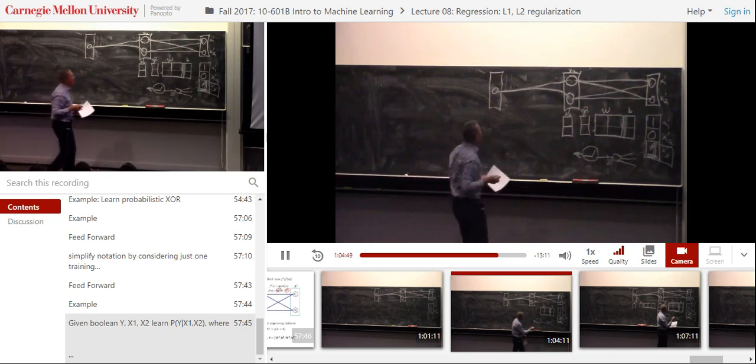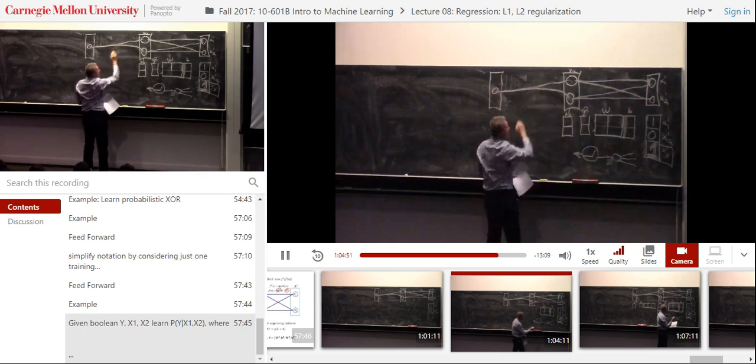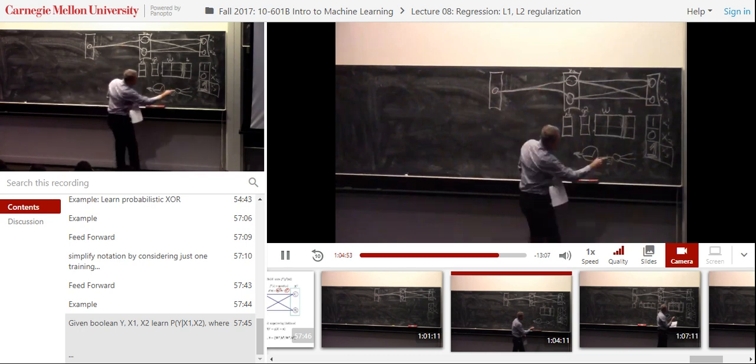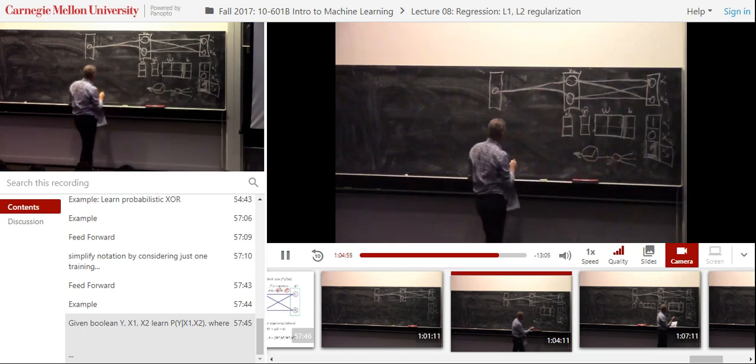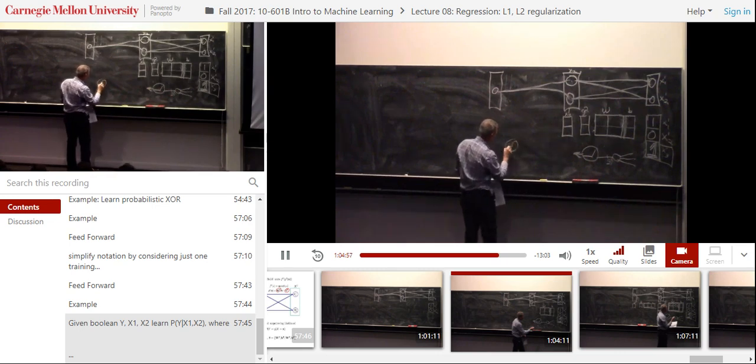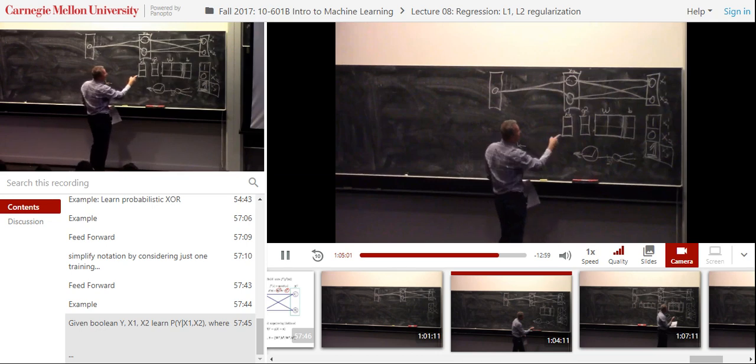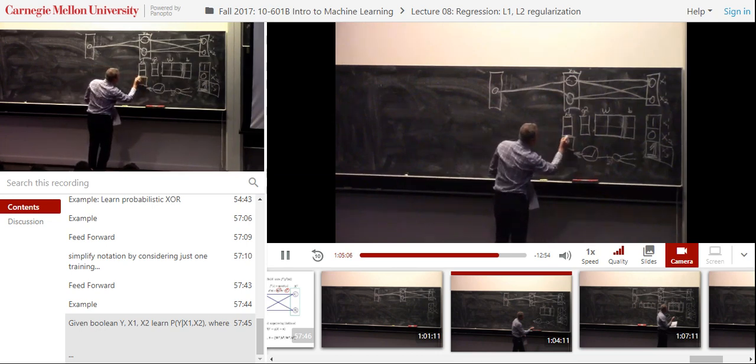Okay, and now similarly here, what does the sigmoid unit look like? Well, it looks just like this, except it has a smooth function here, the sigmoid function. And so what I need here is also, let me add that immutable 1 here again.